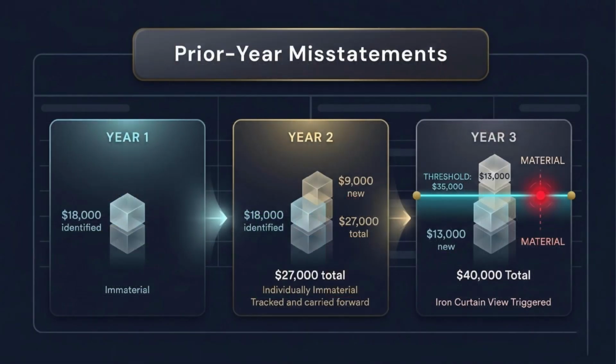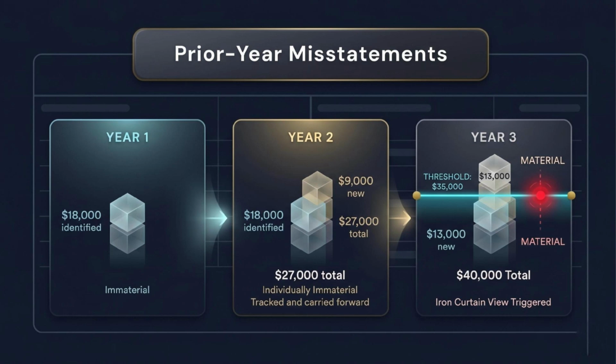Prior year misstatements create accumulation risk. A small error in one year may be judged immaterial. Another small error in the next year may also be judged immaterial. But if both remain uncorrected, the balance sheet may carry an accumulated misstatement that becomes material later.